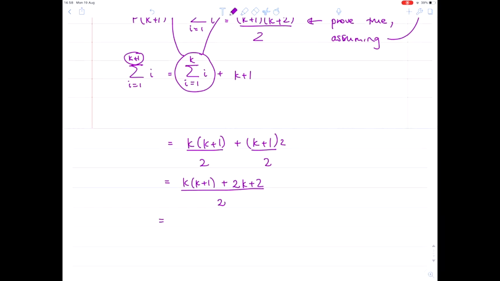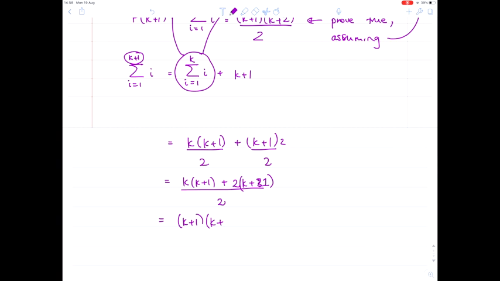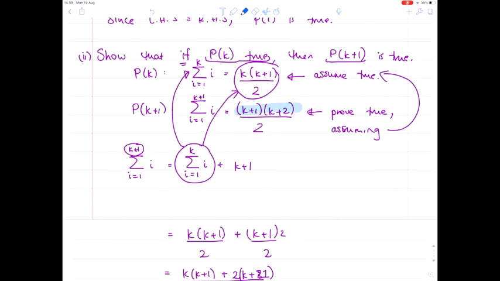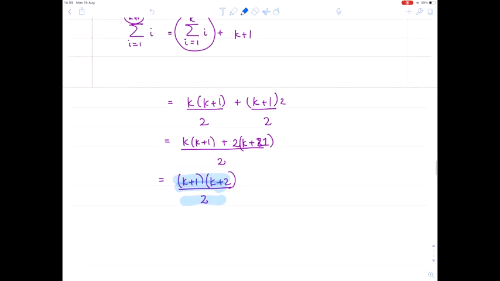And now if we simplify this, let's have a look. Well, we've actually got a common k plus 1. If I'd rather kept that as 2 times (k plus 1), I can take out a k plus 1, and then that's going to leave me with k plus 2 over 2. And that is the right-hand side that we wanted in order to prove that Pk plus 1 was true.